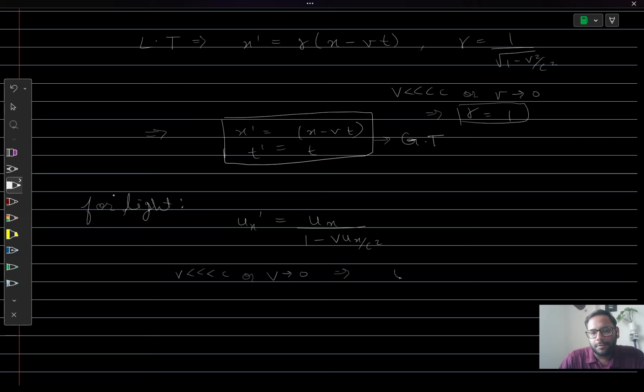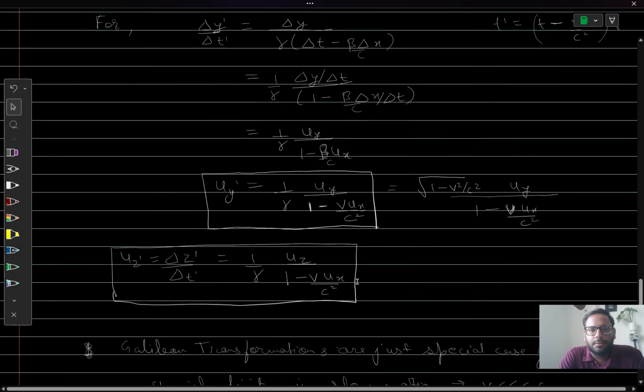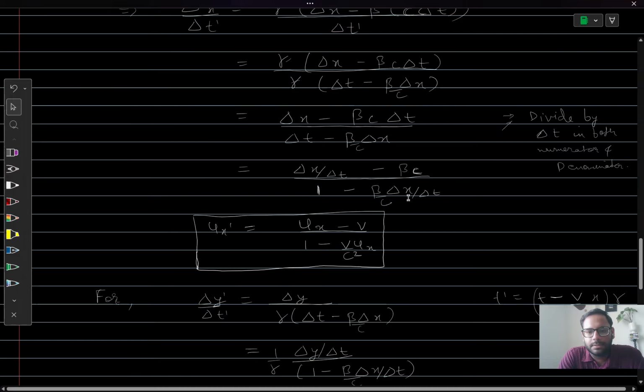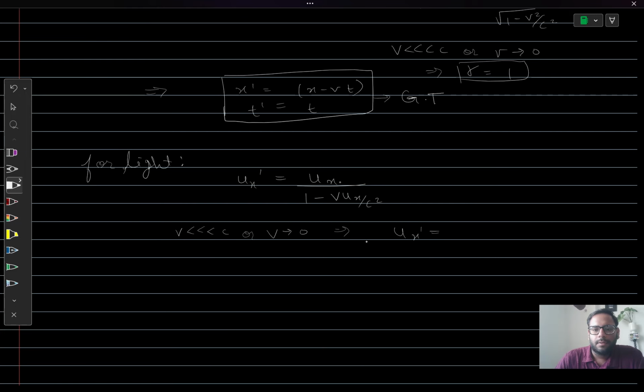This will imply u x prime will be equal to... Is there a gamma missing or something? I have missed something. Okay, I understood that. Yeah, minus v also, and it will be u minus v. It is a Galilean transformation again.